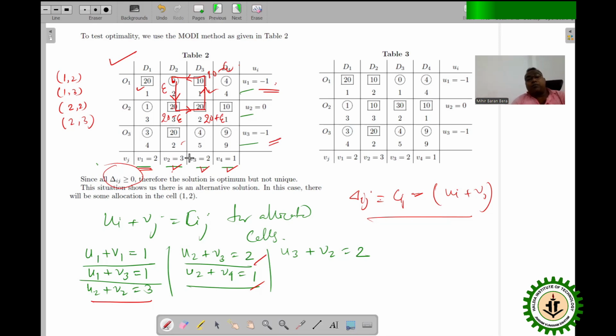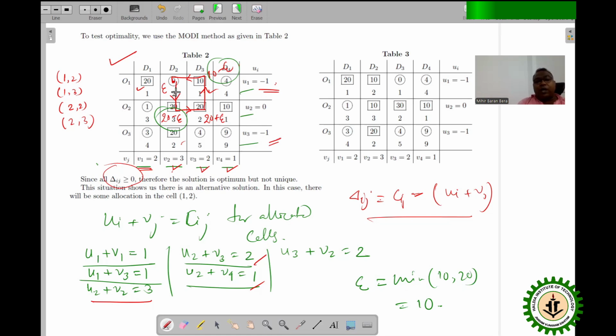Okay. Now, in this case, what will be the value of epsilon? Basically, you will choose those cells containing the minus epsilon term. So here you can see 20 minus epsilon and 10 minus epsilon are the two cells containing minus epsilon. So the value of epsilon will become the minimum of 10 comma 20, which is equal to 10.